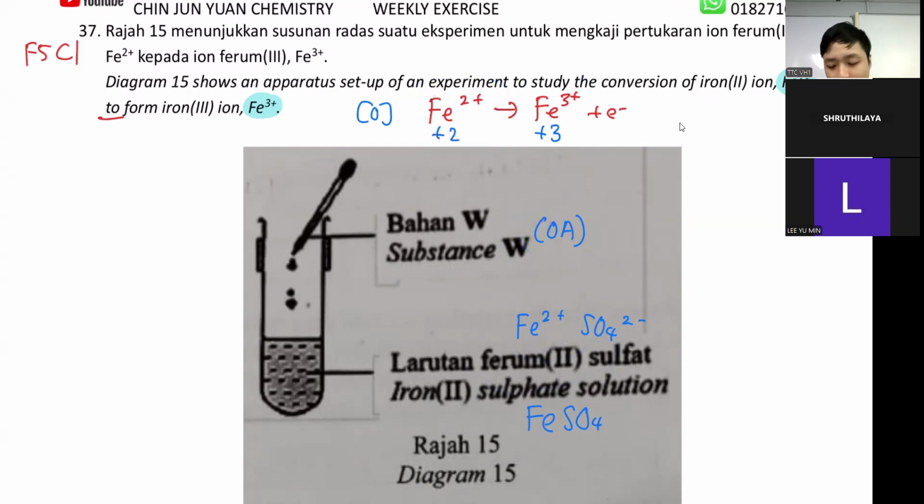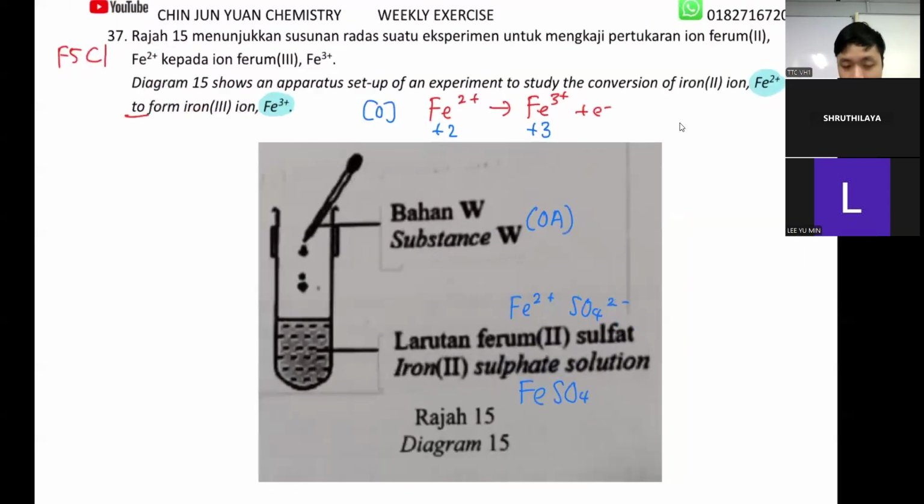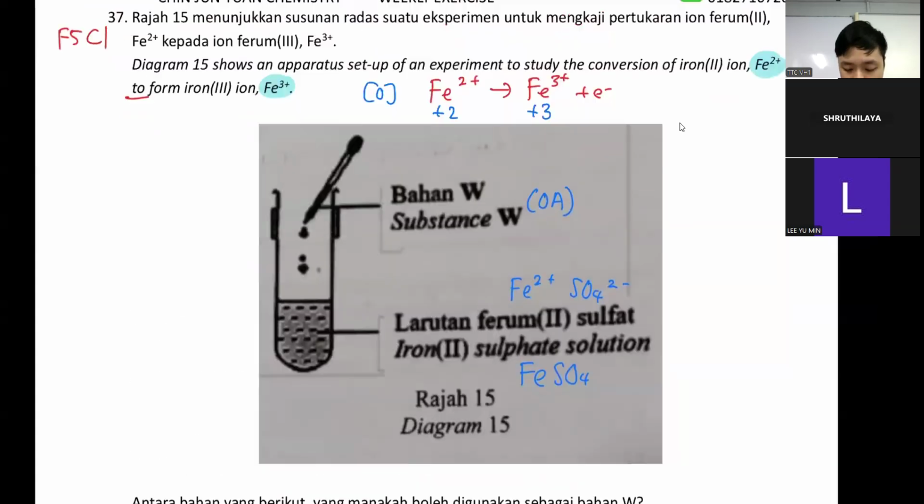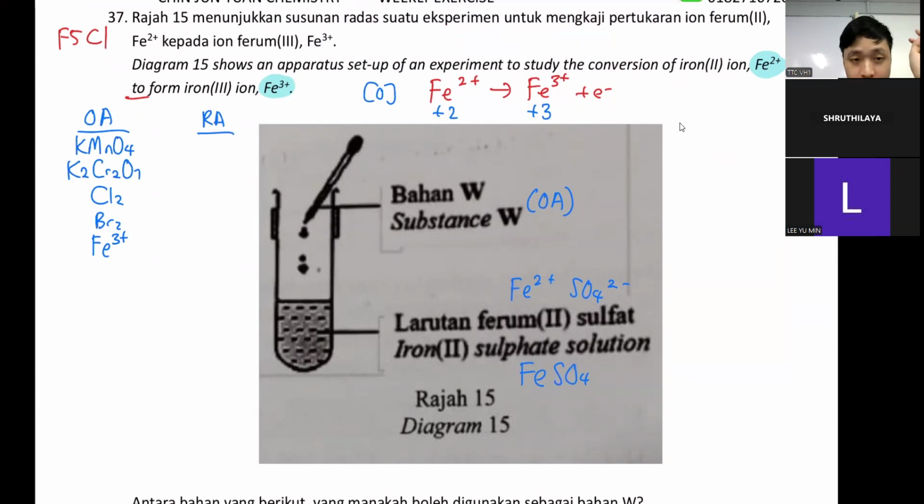Okay, so what are the examples of oxidizing agent? What is W? Remember acidified potassium manganate 7 solution, acidified potassium dichromate 6 solution, chlorine water, bromine water, or any Fe3 plus salt. Reducing agent: KI, KBr, or any Fe2 plus.